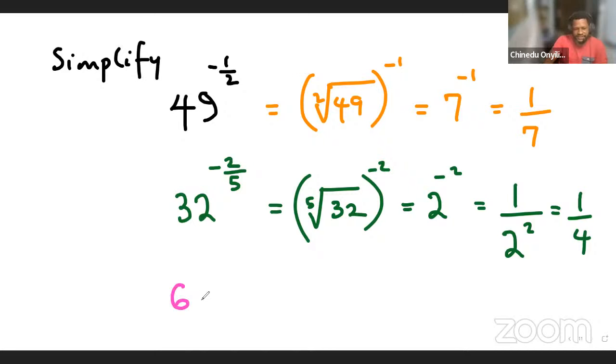Simplify 64 to the power of -2 over 3. I want you guys to work this. I'm going to give you a minute to do. Go ahead. I'll be back in a minute.